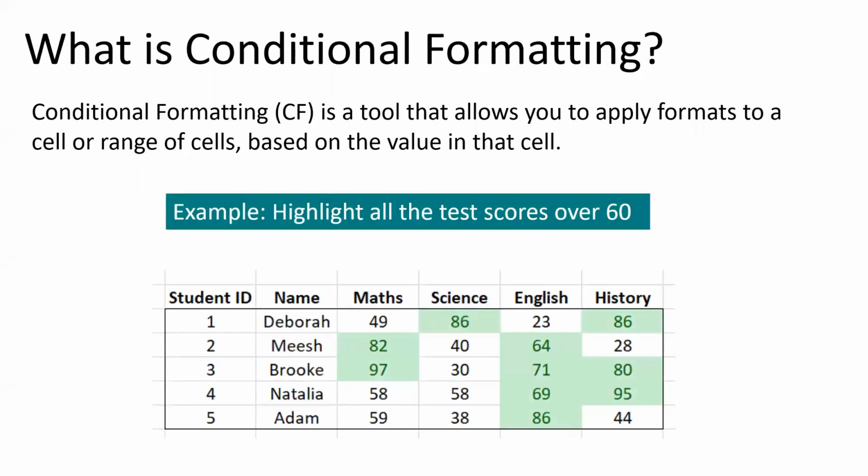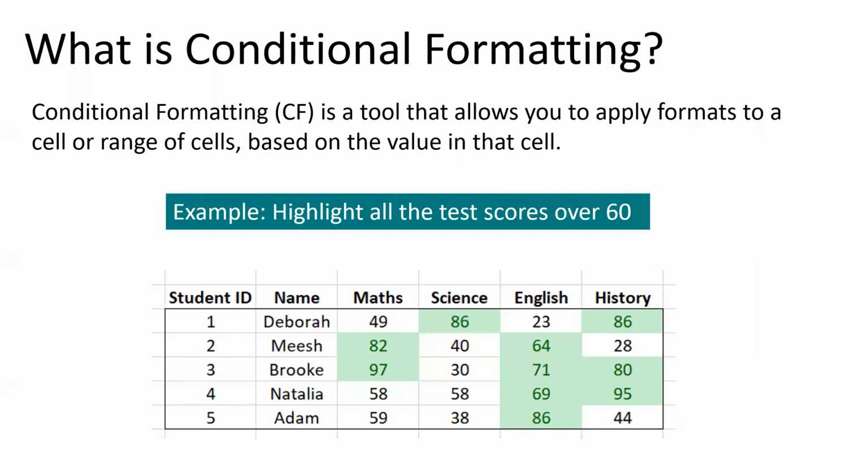Well, this is just a very simple example, and this might be some sort of reason why you might want to use conditional formatting. So in this example here, you can see we just have some student IDs, some names, and then we have 4 different subjects that those students have taken exams in. And what I've done using conditional formatting is I've just highlighted all of the test scores that are over 60, okay?